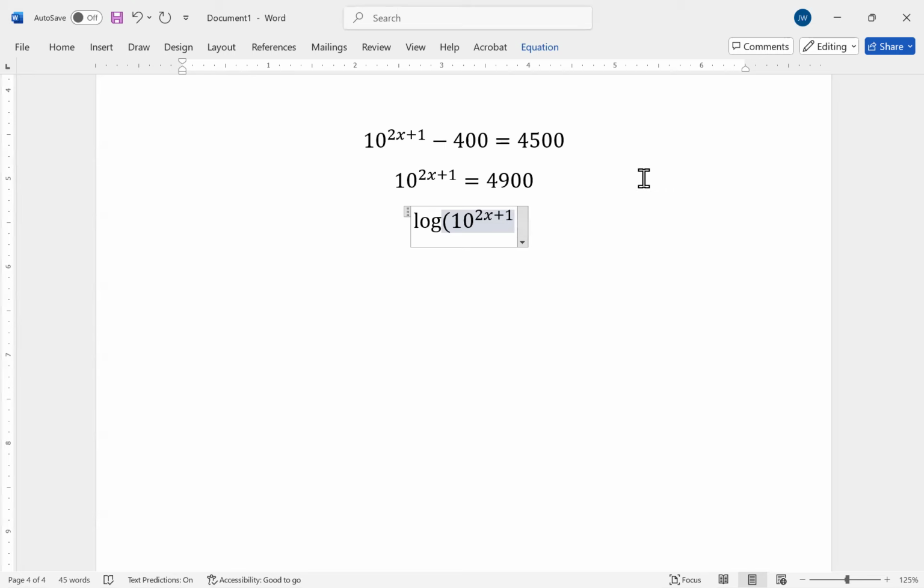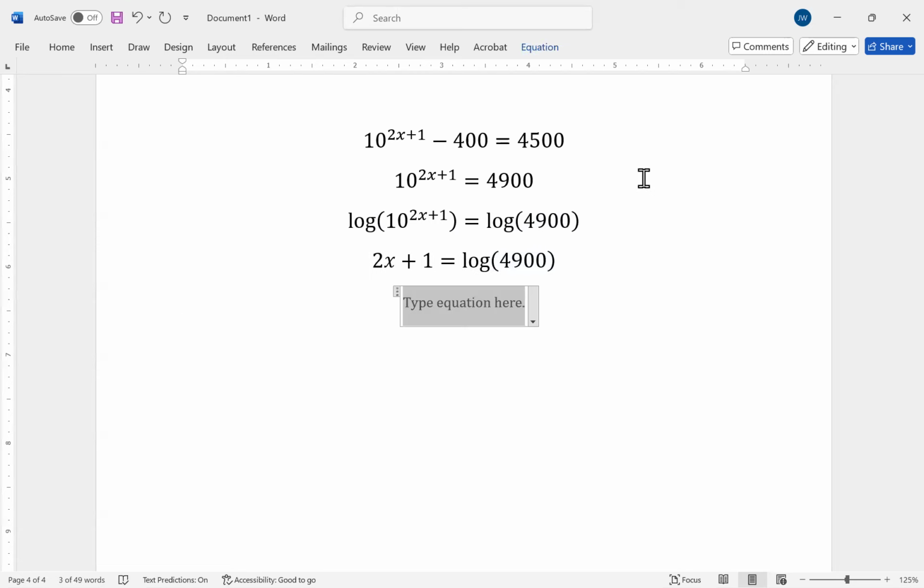If I take log base 10 of the left-hand side, I'm eventually going to get just 2x plus 1. Log base 10 of the right-hand side is log base 10 of 4,900. So the left-hand side becomes 2x plus 1. The right-hand side becomes log of 4,900.